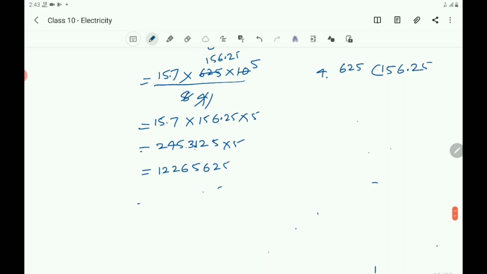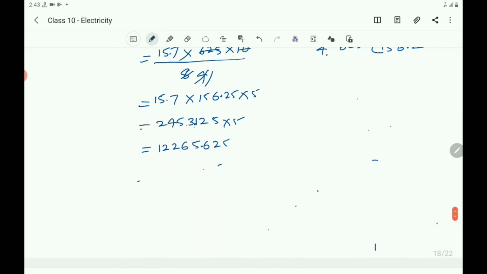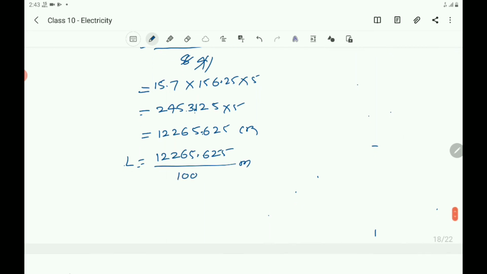The decimal point must be after 3 digits, and since this is centimeter, to convert that into meter, 12265.625 divided by 100. Then L you will get 122.65625 meter. Approximately it equals 122.7 meters.